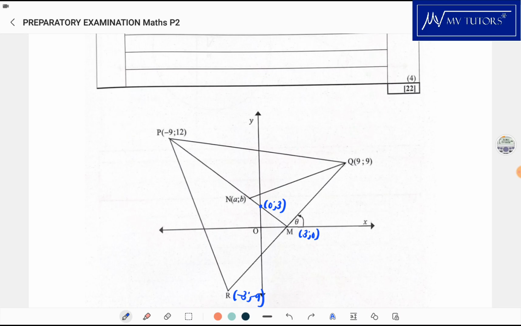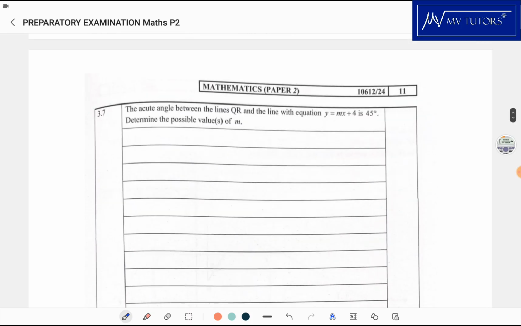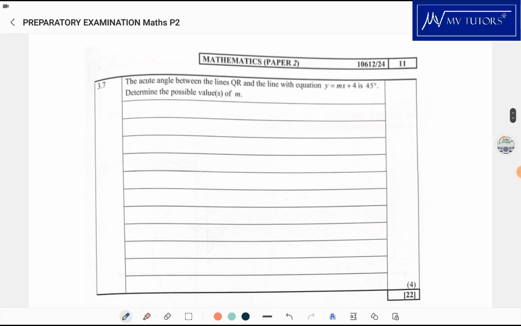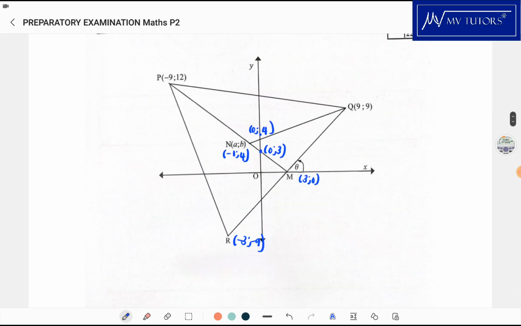With N, we know that it is (minus 1, 4). I really don't know the equation of NQ, and I don't know what the y-intercept will be, so let me not make guesses here. But let's just say, for argument's sake, maybe that's 4. And then we have a line. Let's just go back again. QR and that line. So QR is there.